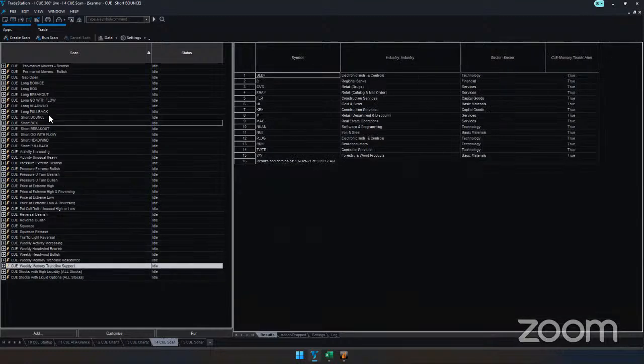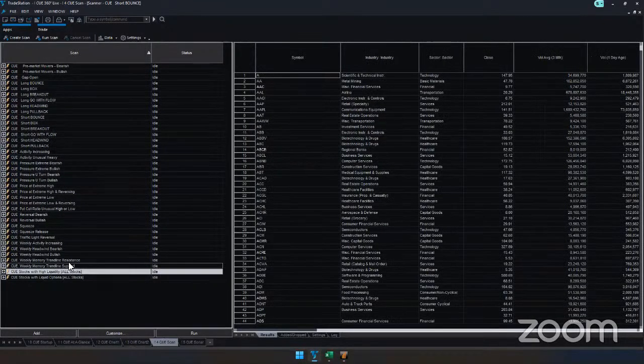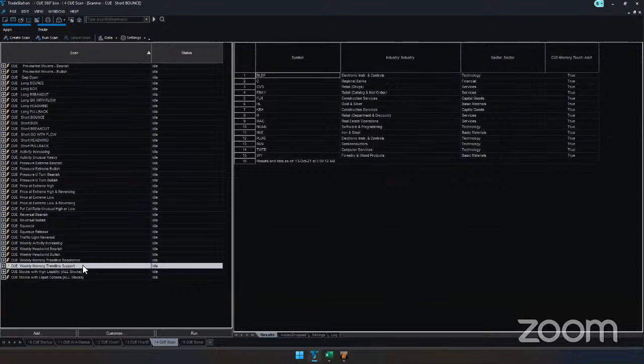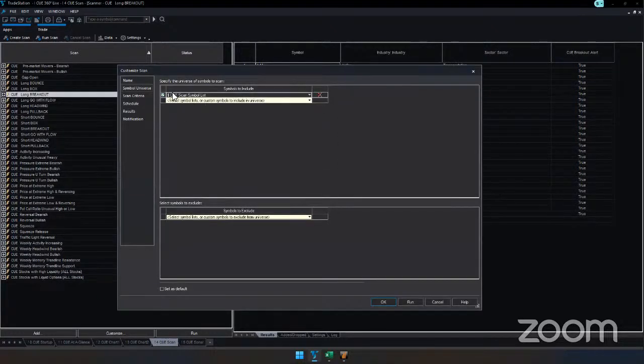Why? Because all the other QElite scans don't run on all stocks, they run on your trading universe. And that trading universe is what? That trading universe is a single list called $Q list. So if I open long breakout, you can see $Q scan symbol list.